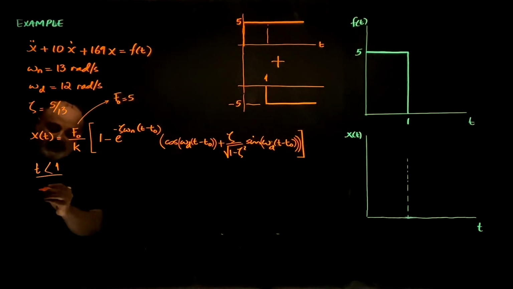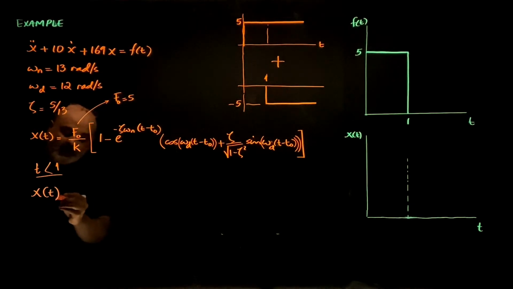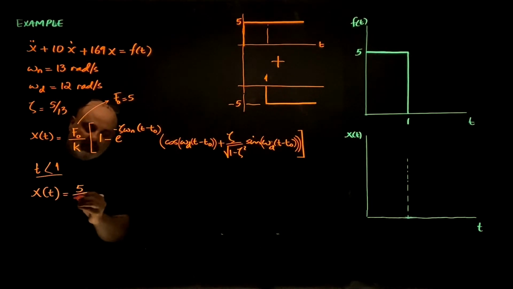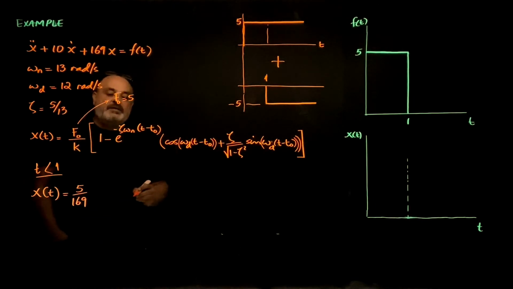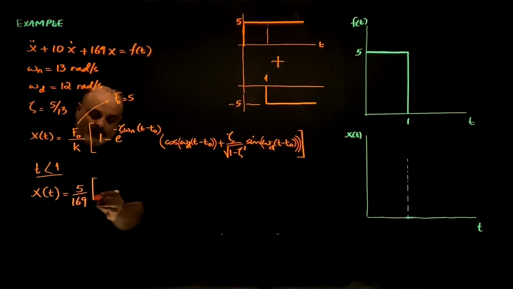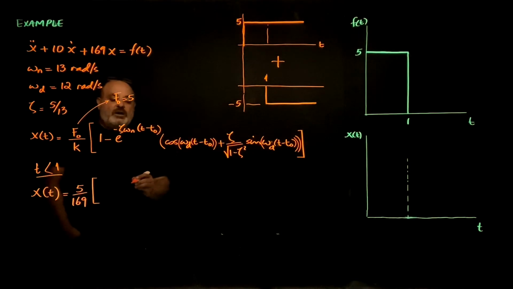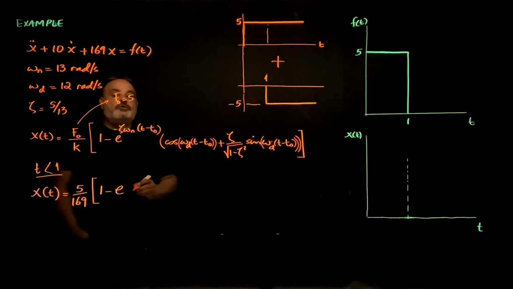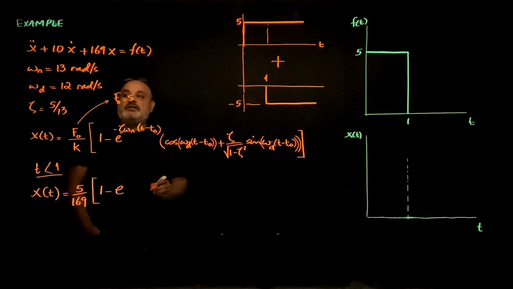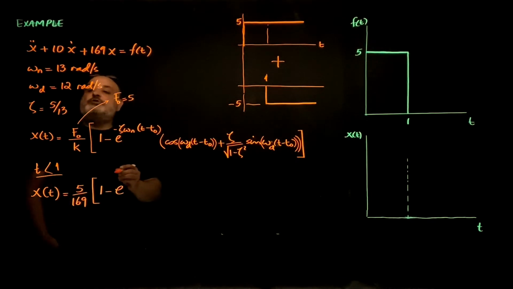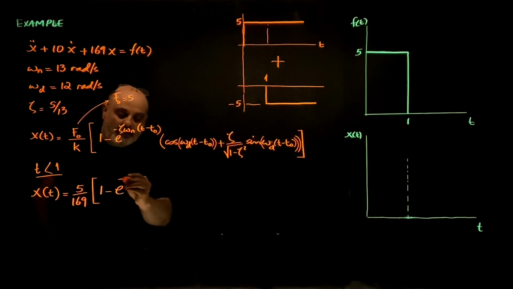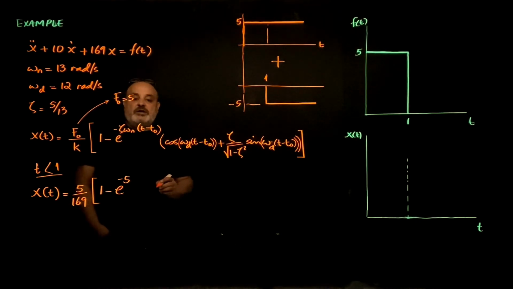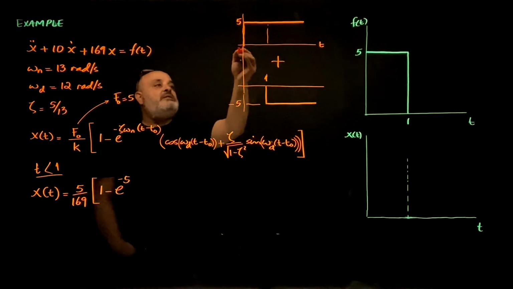So x of t is going to be 5 divided by 169 times 1 minus e to the power negative zeta omega n t, which is -5t, and t0 is 0.